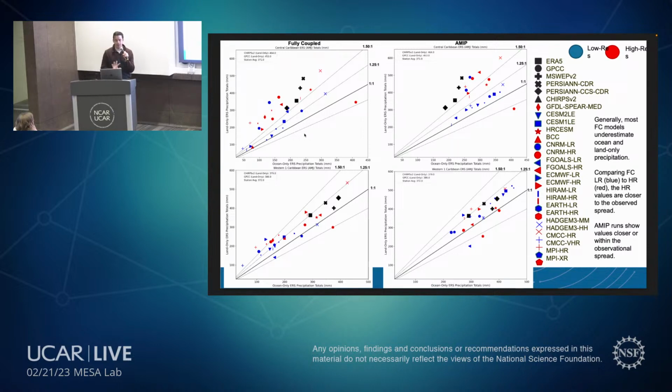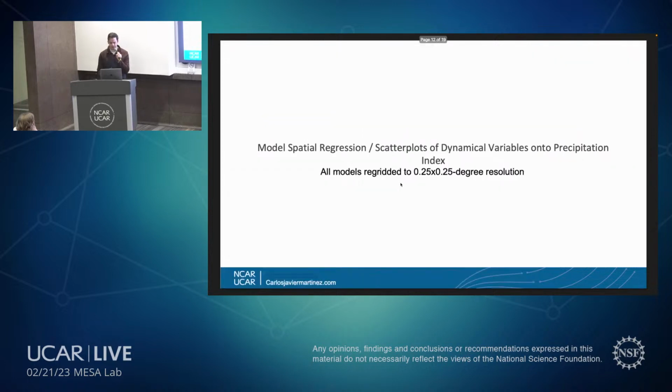And what we see is a very clear shift between the fully coupled and AMIP versions in comparison to what the observations are showing. And we see this consistently across the subregions. We do see this similarly for the ocean, where again, we don't have as much complexity as land, and for all of the seasonal components of the cycle.